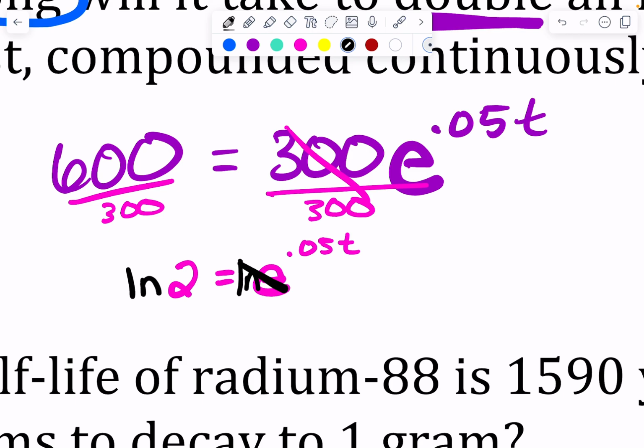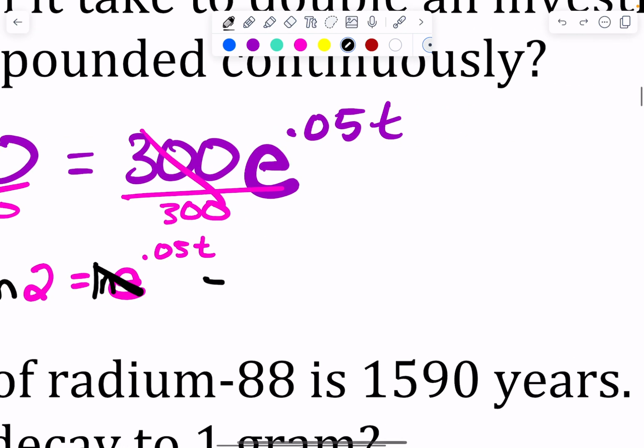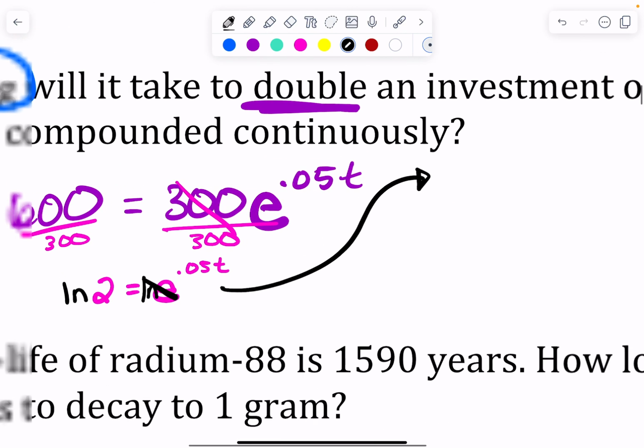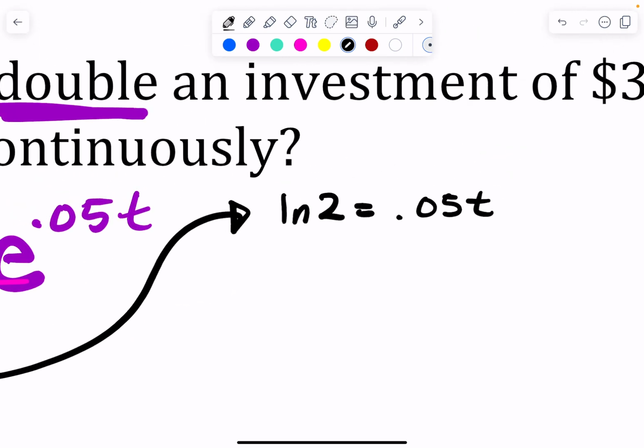And so I've got ln of 2 equals, and the ln and e canceled, and then the 0.05t comes down, okay? And then after I do ln of 2, you need to close your parentheses off and then divide by 0.05 to get t.